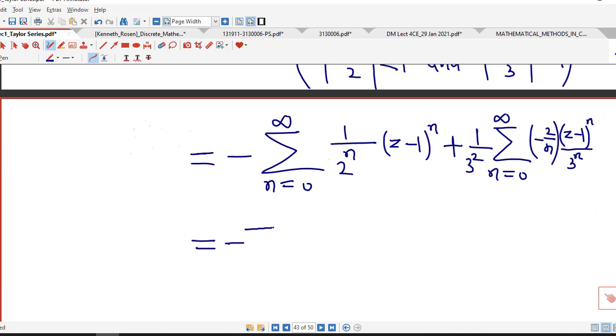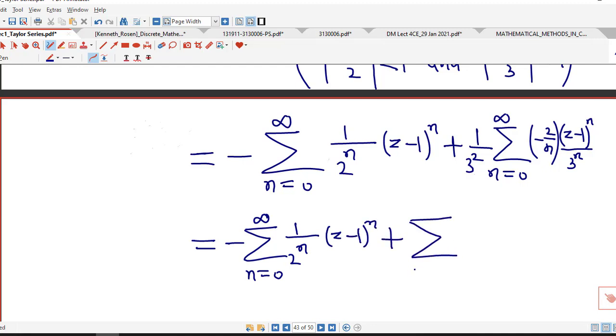So now we write one more step. This is sigma n equal to 0 to infinity 1 over 2 raised to n (z minus 1) raised to n, and here we can take this 1 over 3 square inside the summation, and we will have minus 2 C n divided by 3 square into 3 raised to n, that is 3 raised to n plus 2, times (z minus 1) raised to n.